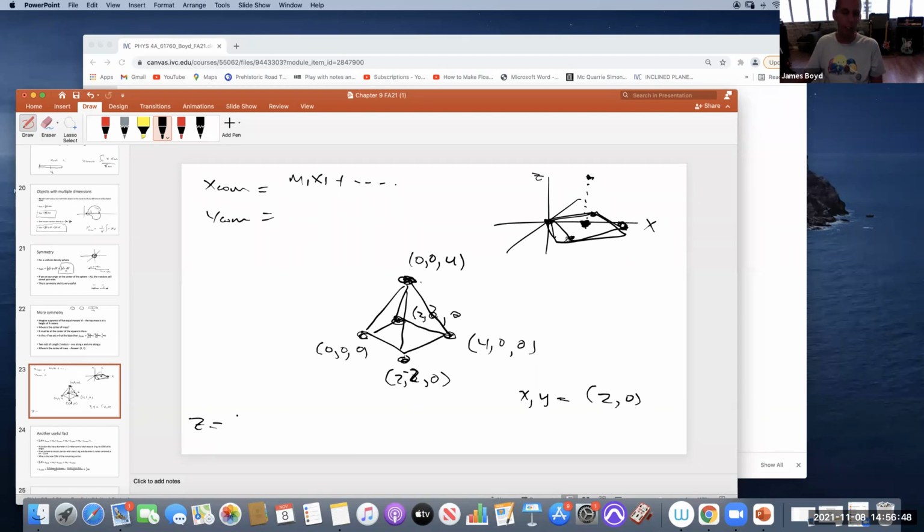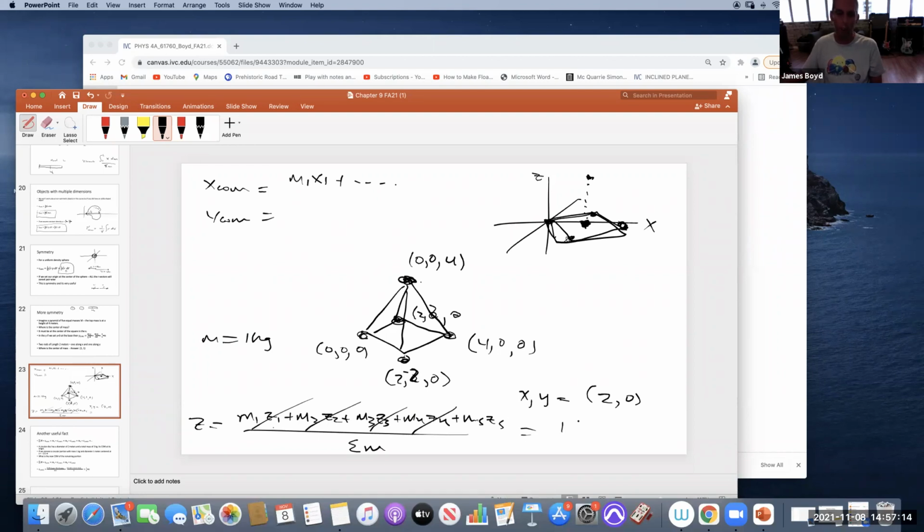And so for Z, we have M1, Z1, M2, Z2, M3, Z3, M4, Z4, M5, Z5. It gets tedious, I know. If all these masses are 1 kilogram, we know that Z1 is 0, Z2 is 0, Z3 is 0, Z4 is 0. They're all at 0.